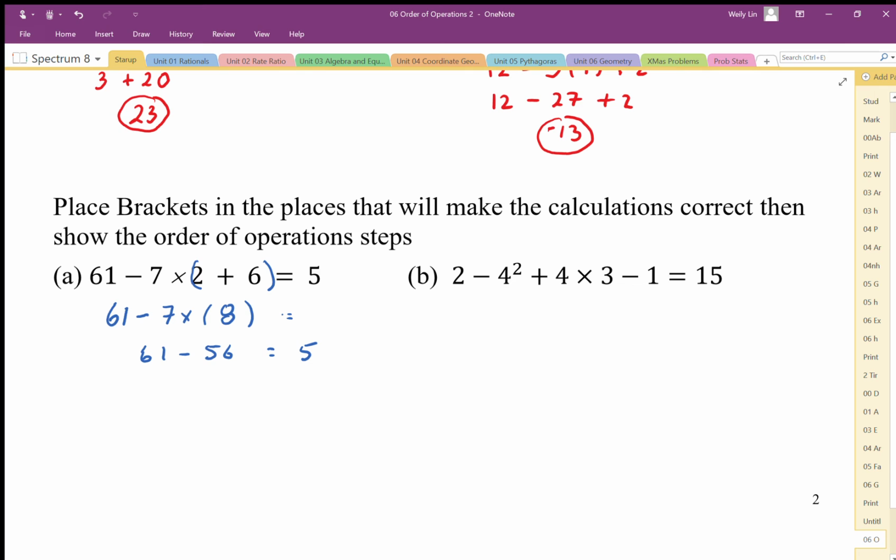Well, let's say I try this. Let's see if I can get 15 by grouping all this together maybe. Let's see, oh, I think I've got it here.